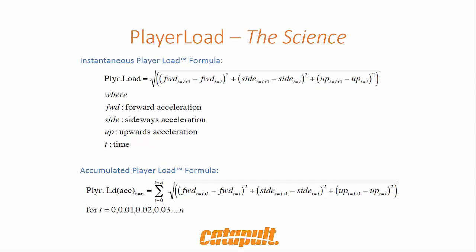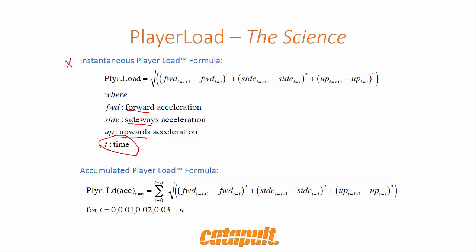We'll talk about one here, the instantaneous player load. And like I mentioned before, it's accumulating your accelerations in your forward, sideways, and up planes in relation to the time you spend in those zones.